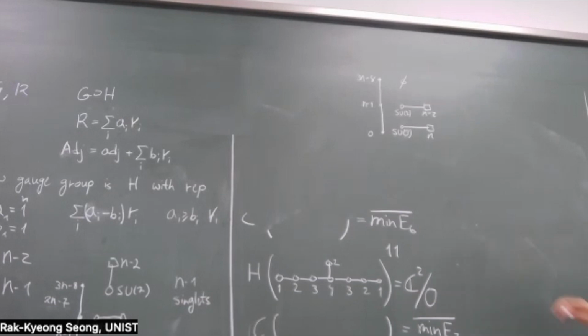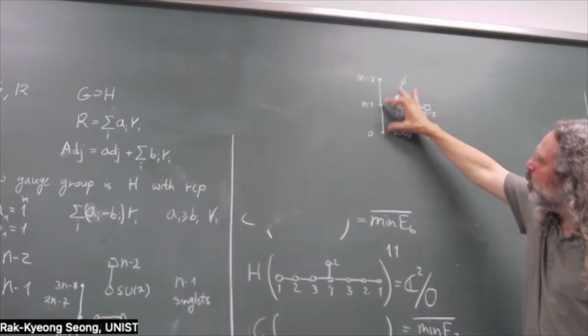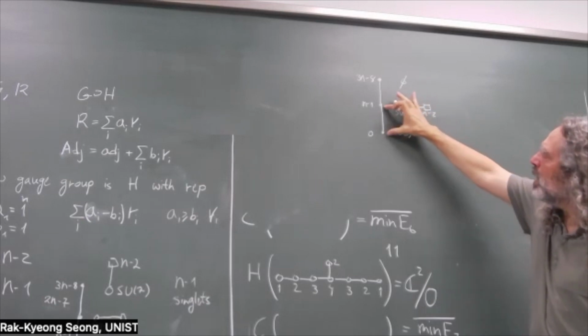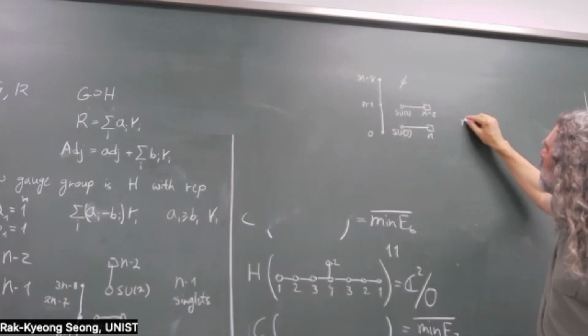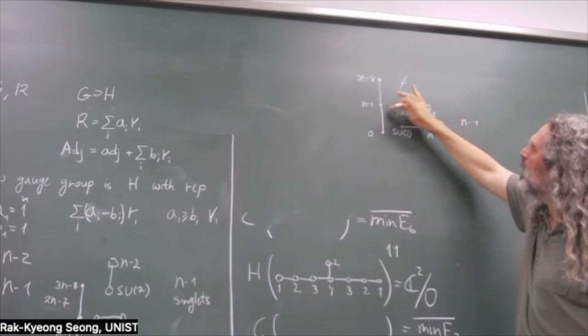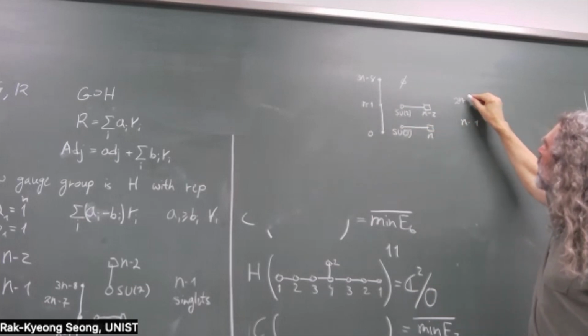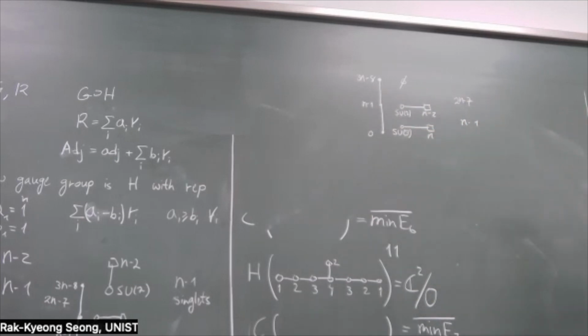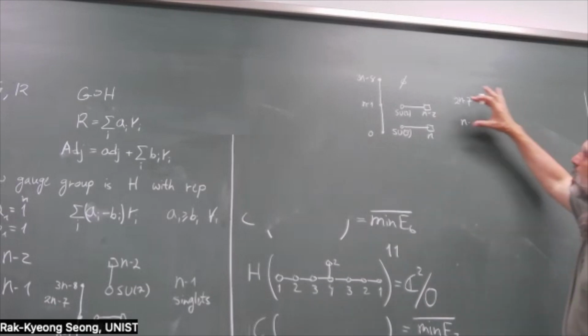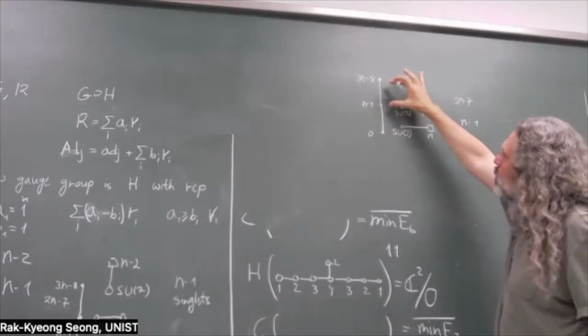The slices between points, so between here and here, I have n-1 dimensional. And between here and here, I have 2n-7. So n-1 I get by having n hypers minus 1. Okay, so how do we understand the transition from one point to another?